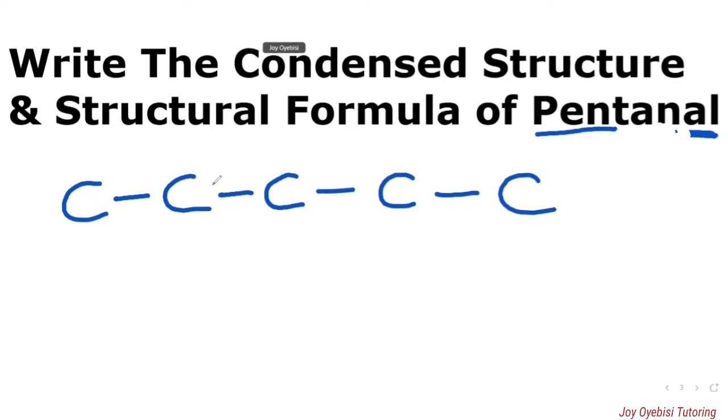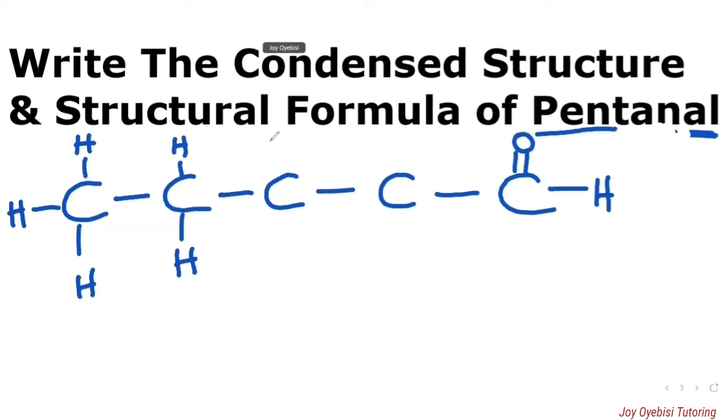So I put the double bond O and hydrogen. Then the rest is to add all the hydrogens to make up the bonds. This one has 2 bonds, so put 2 hydrogens. This has 2 also, put 2 hydrogens. This also has. So this one here is the structural formula with all the bonds spelled out.